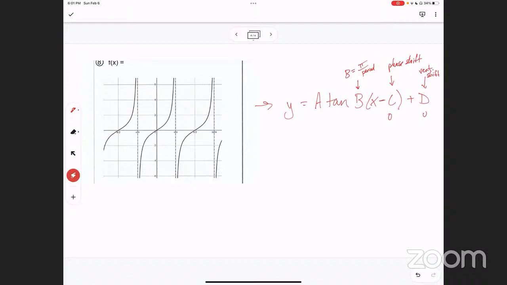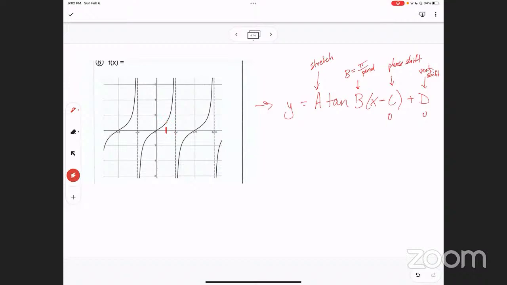The amplitude is kind of determined by the stretch. It's harder to find the amplitude on this, but do you see how if I go halfway in between here, that would be like your 45 degree, and so you would expect to go up 1. So that tells me that there's no stretch.